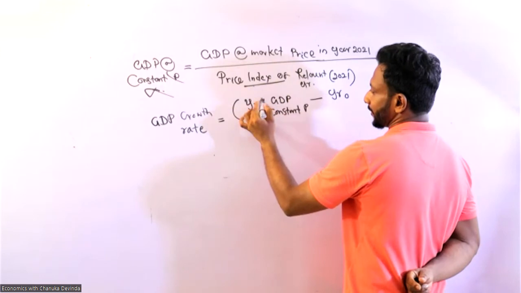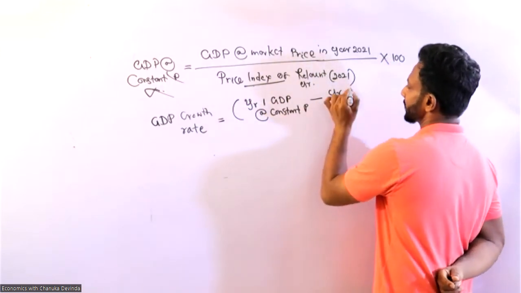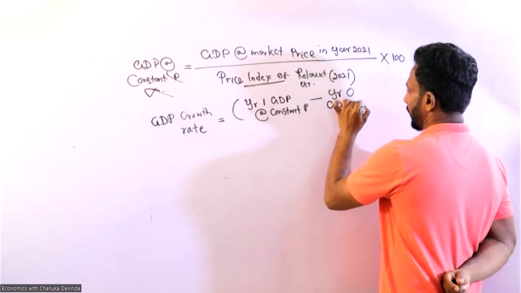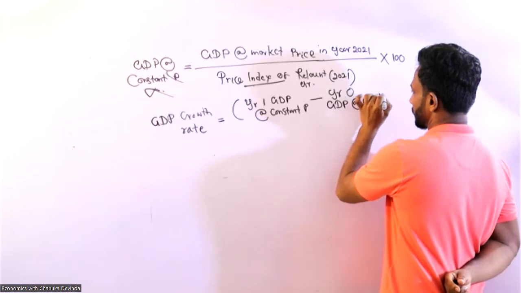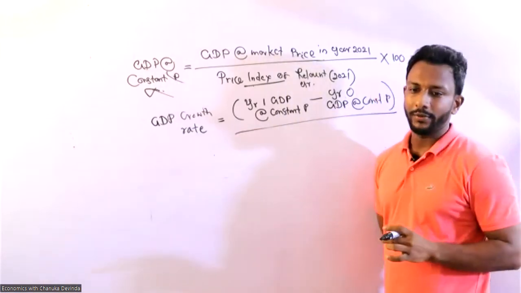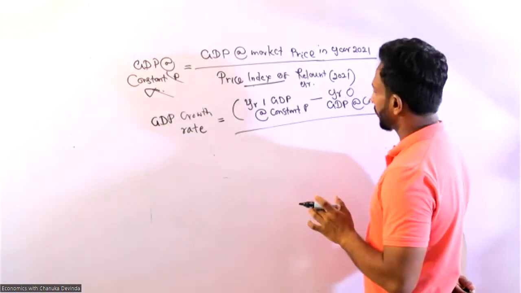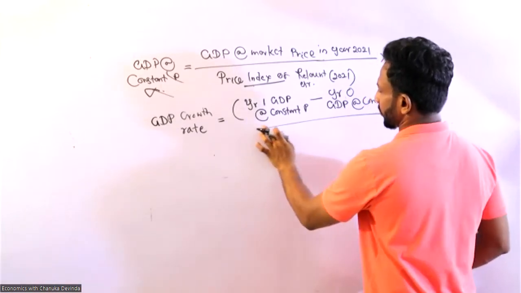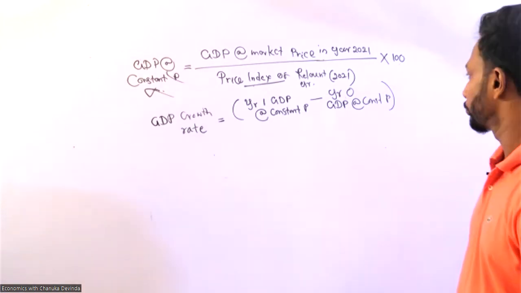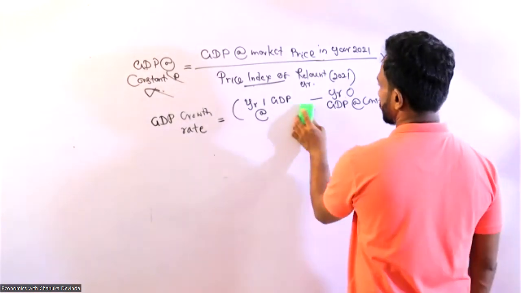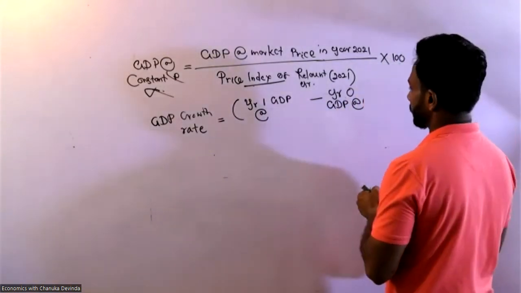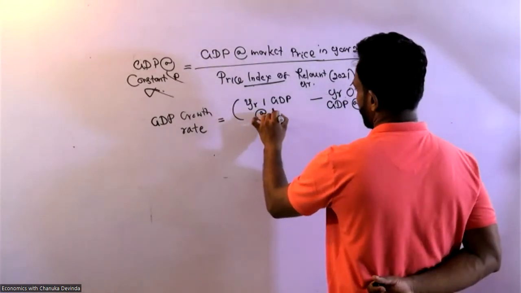Year 1 means the final one, year 0 means the previous year. Close the bracket, divide by GDP at market price.